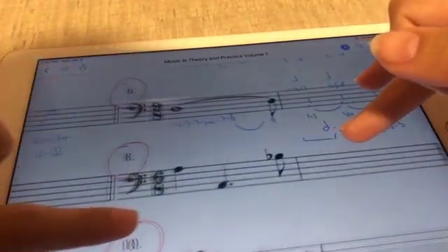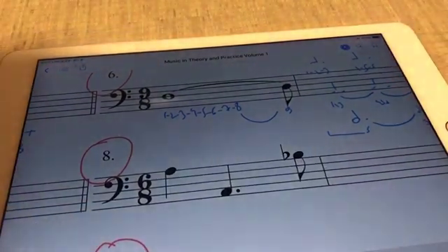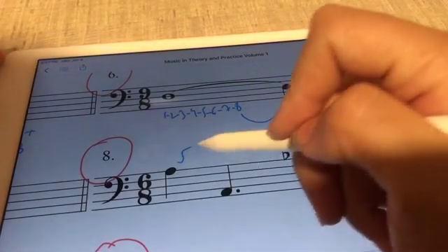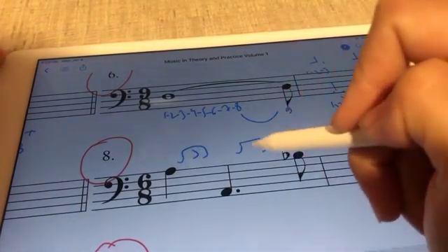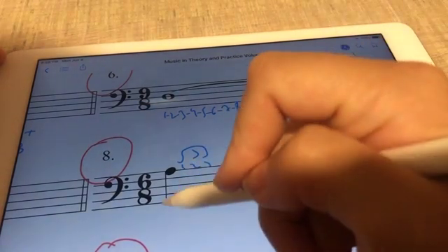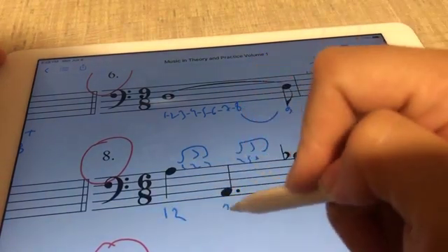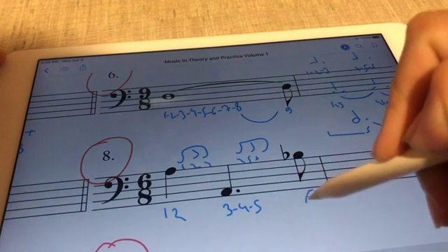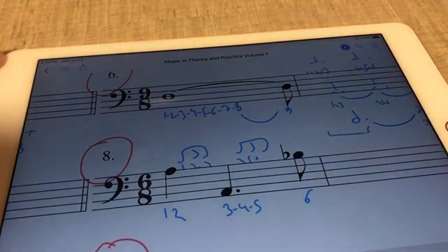Continuing with number 8. Also, 6/8 means I have 6 eighth notes in a measure. So I need 1, 2, 3 together, 4, 5, 6 together. So here I have 1, 2, 3, 4, 5, and 6.